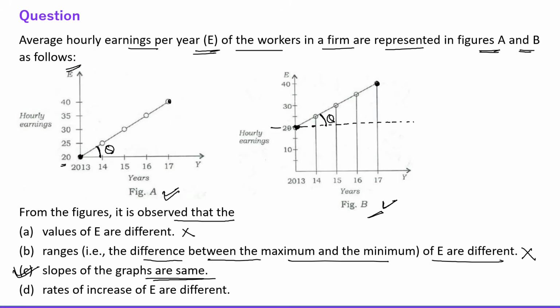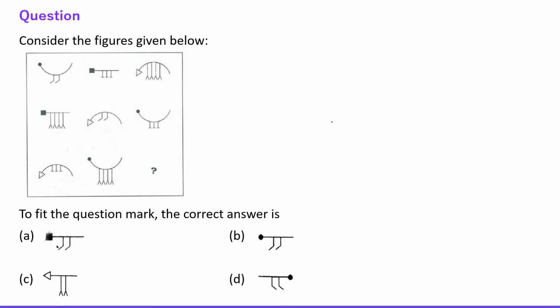Fine. Now let's move to the next one: consider the figure given below. This question you can try; it is a simple one. Here this is a dot, this is a square, and this is a triangle. So obviously this will be the square. Here this is downward, this is a straight line, and this is upward.